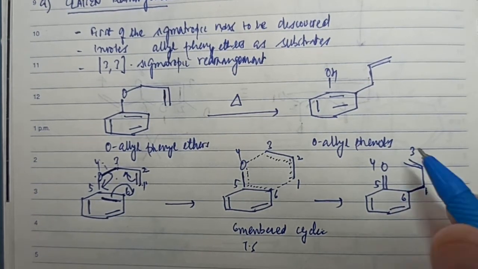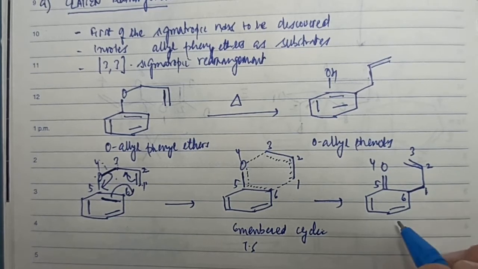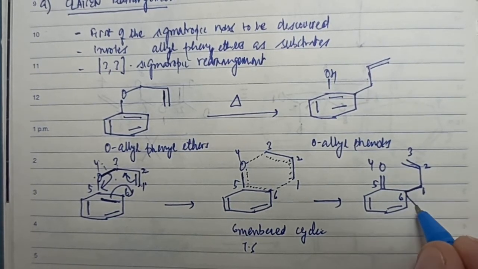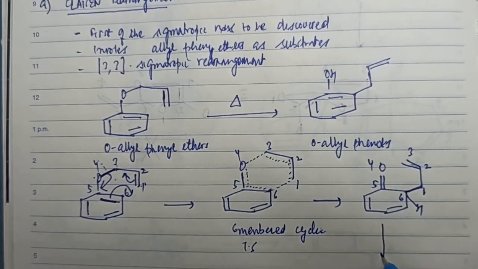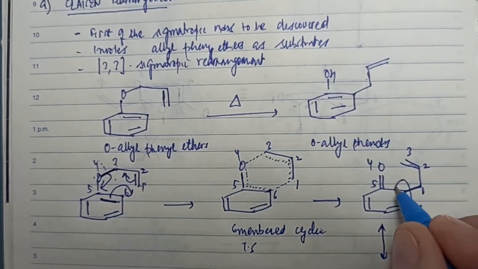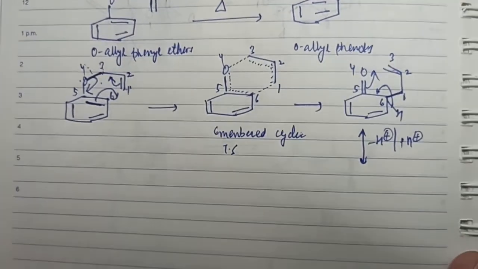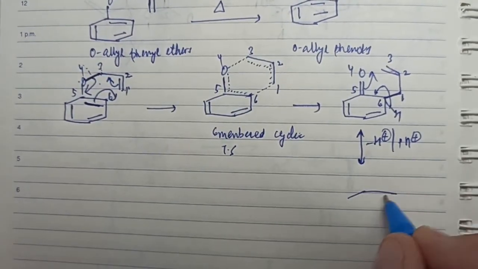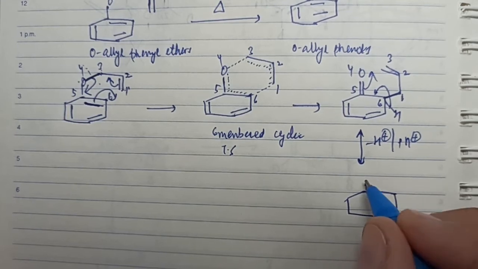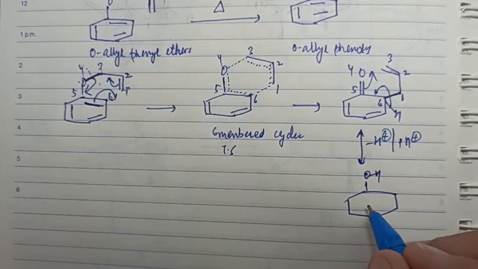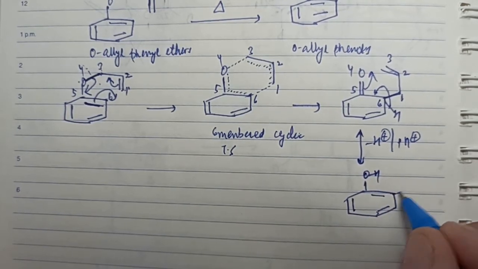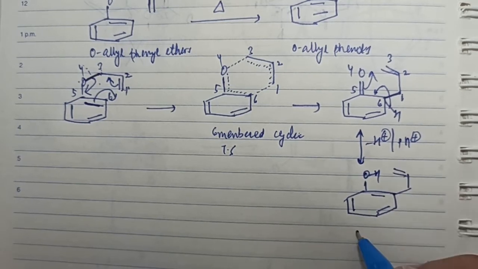Since this is not a phenolic moiety yet, this molecule is not stable. It can undergo an ionic isomeric formation of the more stable aromatic system, and this would result in the formation of the phenol moiety starting from the ortho-allyl system here, and the result will be the formation of ortho-allyl phenols.